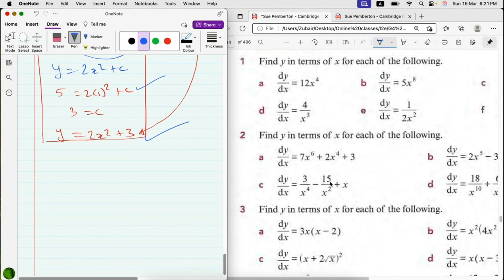Find y in terms of x for each of the following. Try the first one. First one, is it done? 12x^4.